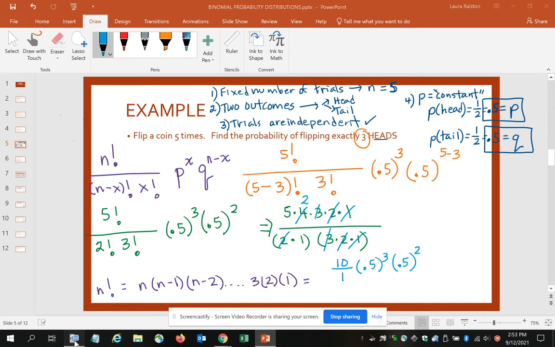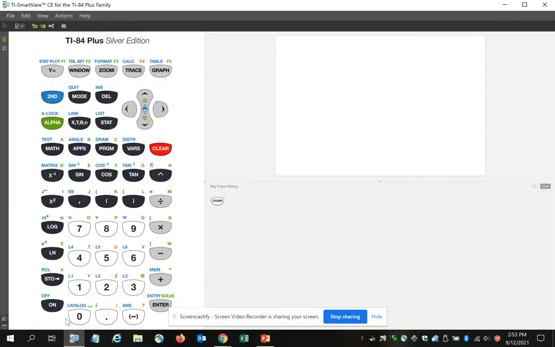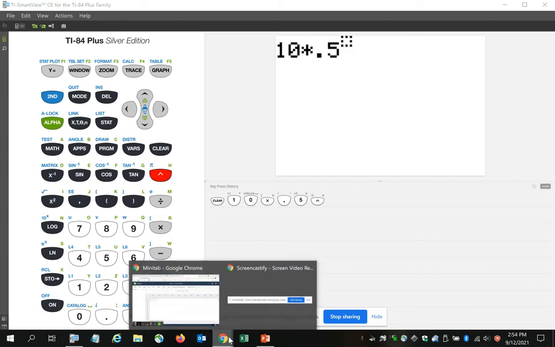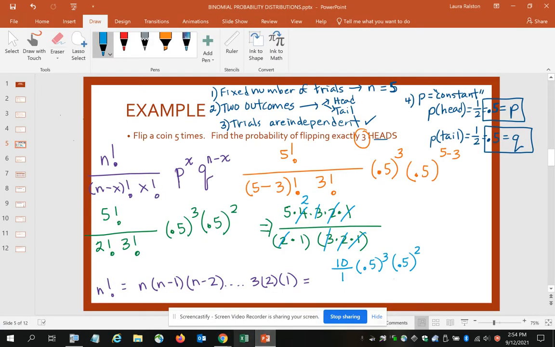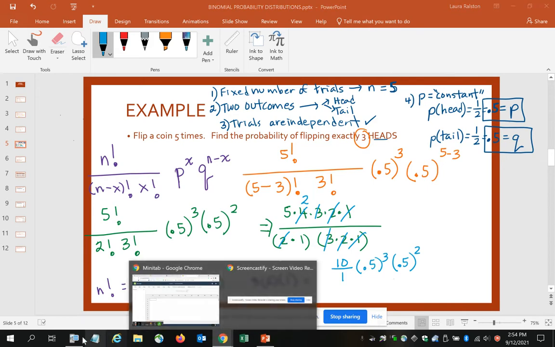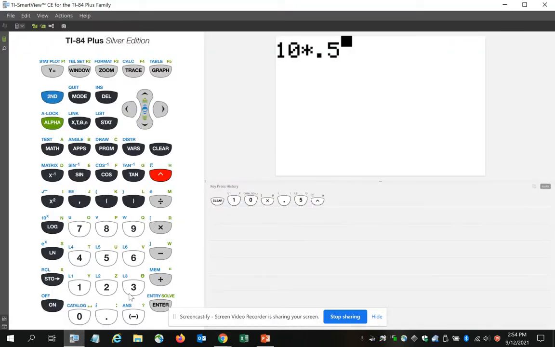So I can use my calculator at that point. Again, you can do all of the calculations on your calculator, but I have 10 times 0.5 raised to the third power, get out of the exponent, times 0.5 raised to the second power, get out of the exponent, hit enter.